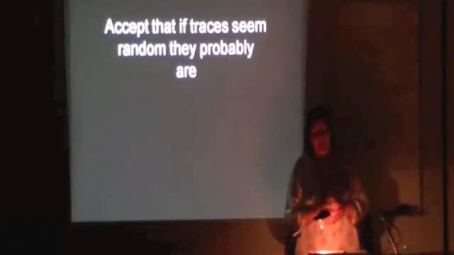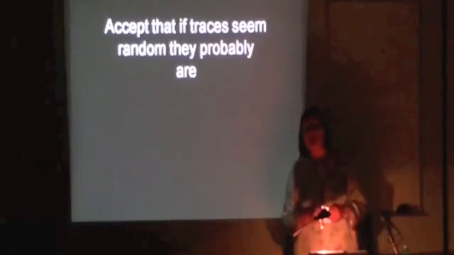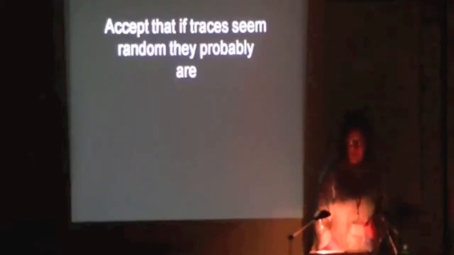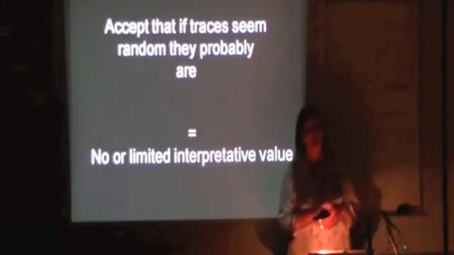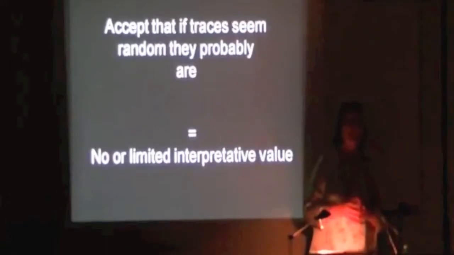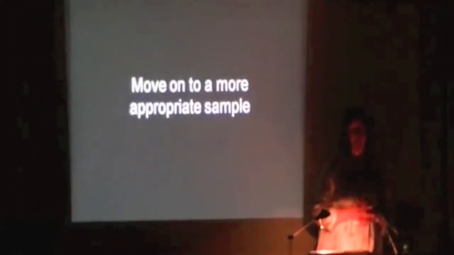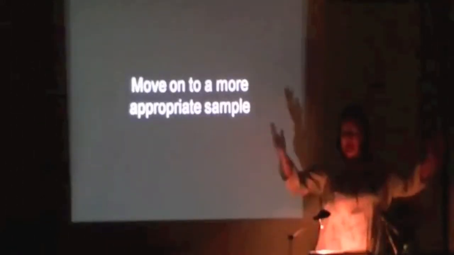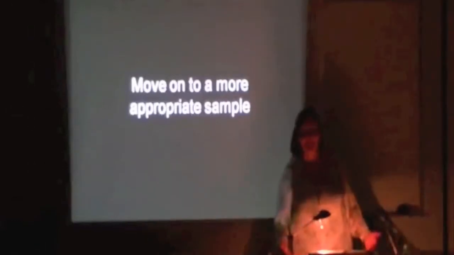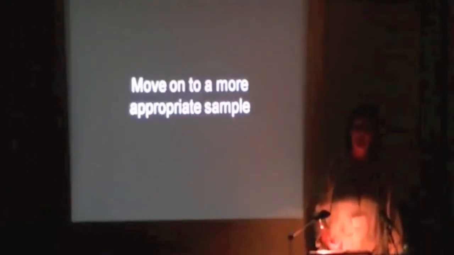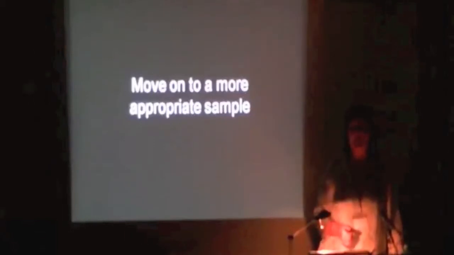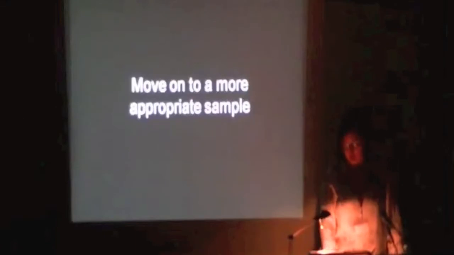And I accept that if traces seem random, they probably are. And it means that I have no or limited interpretative value. Okay, I'm an impatient girl, so then I move on to the next sample. Not everybody is as fortunate as that, but we have to be realistic that not everything can be analysed in the way that we ideally want it to.